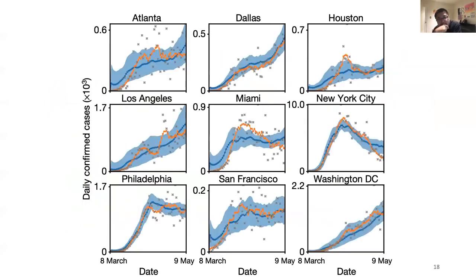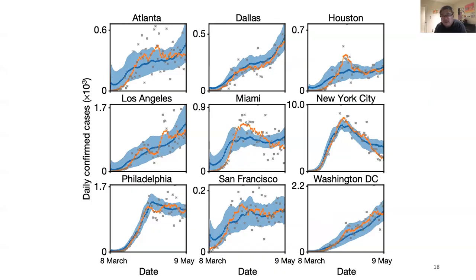The authors fitted separate models to 10 of the largest US metro areas, and they modeled a total population of 98 million people. This figure shows 9 out of 10 metro areas. The blue line represents the model predictions, and the gray crosses represent the number of daily reported cases.